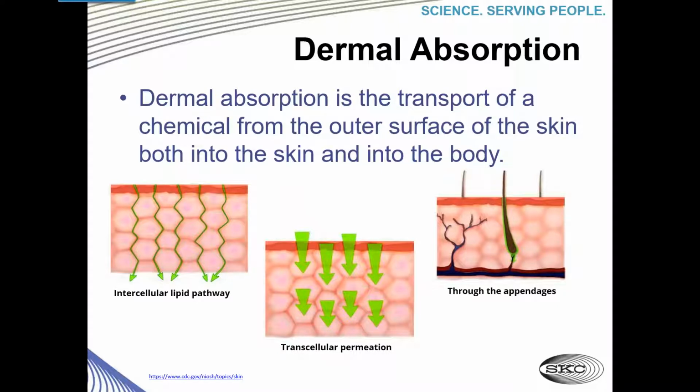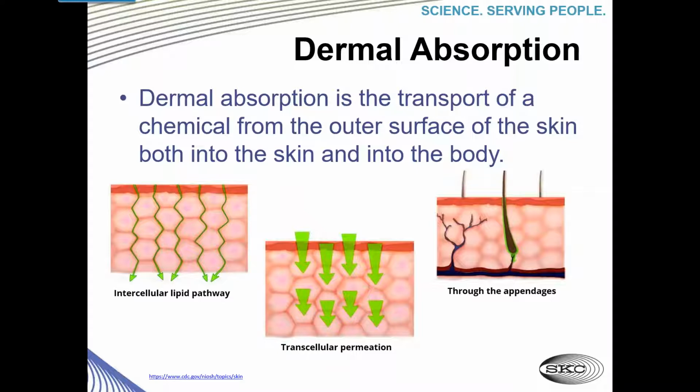Dermal absorption is the transport of a chemical from the outer surface of the skin, both into the skin and into the body. Studies show that absorption of chemicals through the skin can occur without being noticed by the worker, and in some cases may represent the most significant exposure pathway.